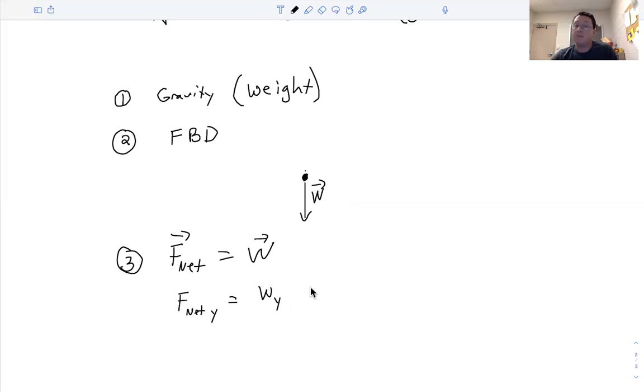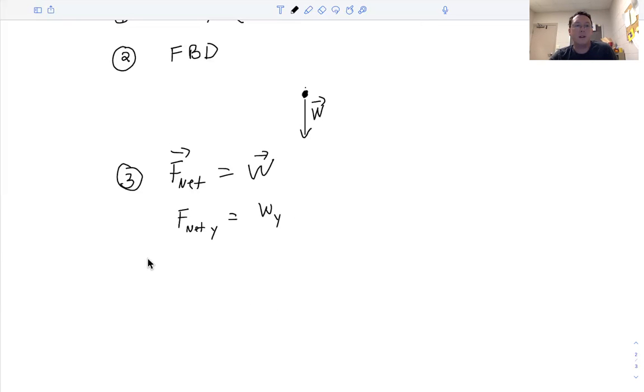That's easy. If the force had been in the diagonal direction, then you would have needed to find different x and y, maybe z components for everything. But this one's pretty simple.